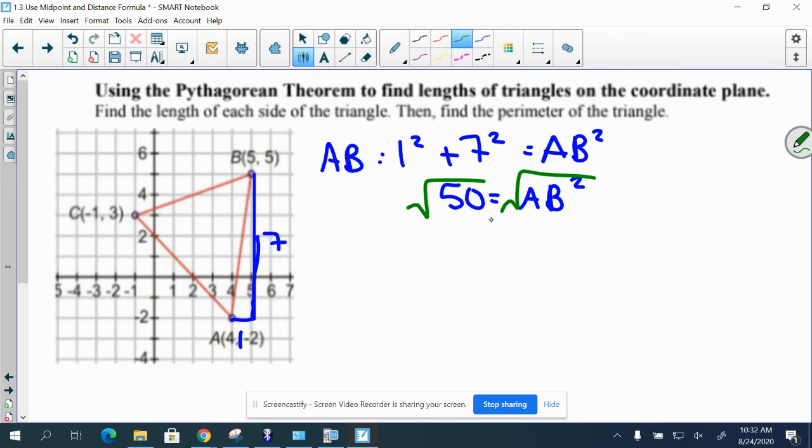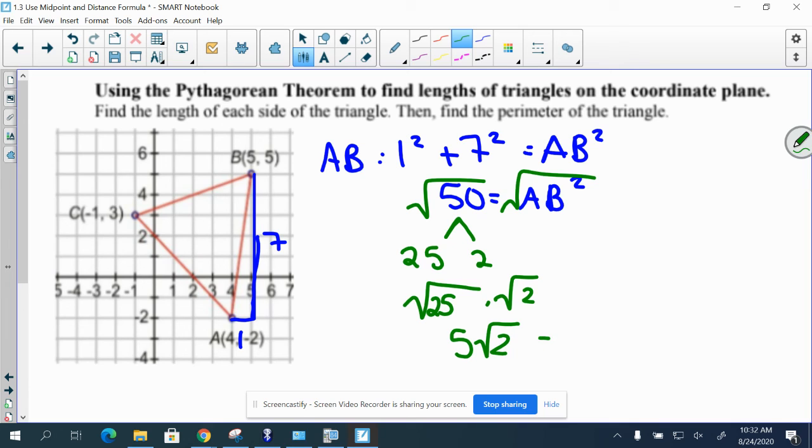Okay, now the square root of 50, let's find an exact answer. Can you think of the largest factor of 50 that is a perfect square? It would be 25 and 2. So you can rewrite this as the square root of 25 times the square root of 2, and the square root of 25 is 5. So this would be 5 times the square root of 2 equals AB.